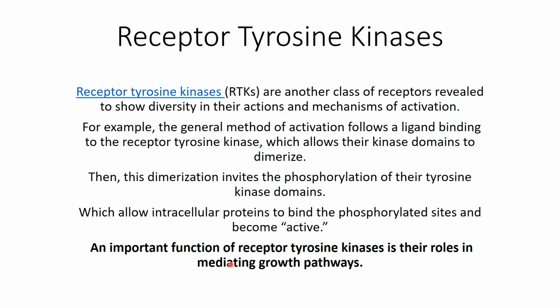An important function of receptor tyrosine kinases is their role in mediating growth pathways. Keep in mind these growth pathways are not only in normal growth but also in proliferation.